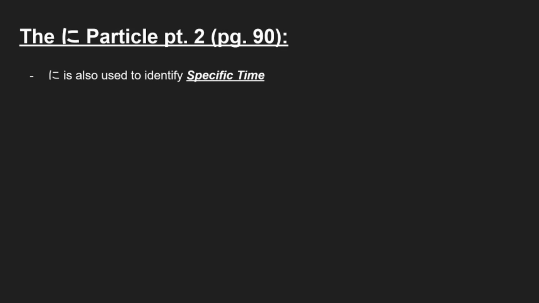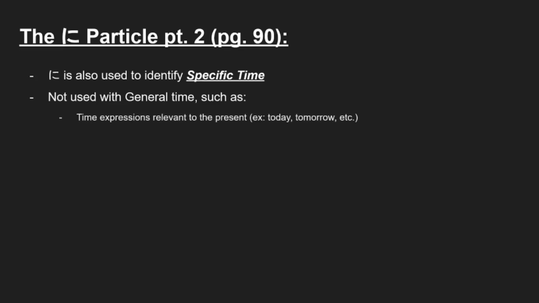One way of looking at it that I think is helpful is that when trying to separate specific time versus general time, specific time usually means numbers are involved. General time is words such as today, tomorrow, time references that are based off of where you're at right now, like yesterday, day before yesterday, and so on.